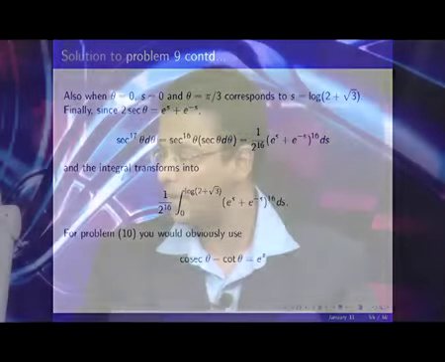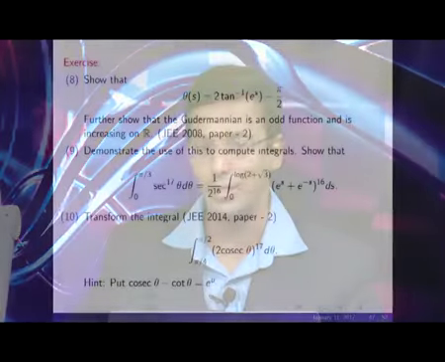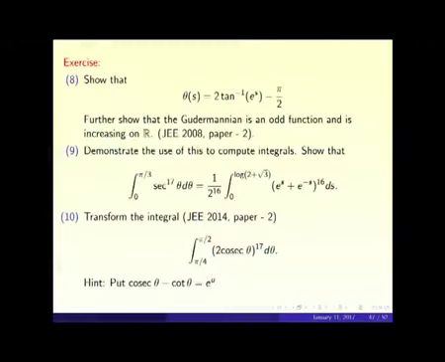And so you can expand it by the binomial theorem. It's much easier, particularly when you see definite integrals present. You don't have to integrate by parts repeatedly. And similarly, you can try the cosecant theta to the power 17. Here you put cosecant theta minus cot theta equal to e to the power u.